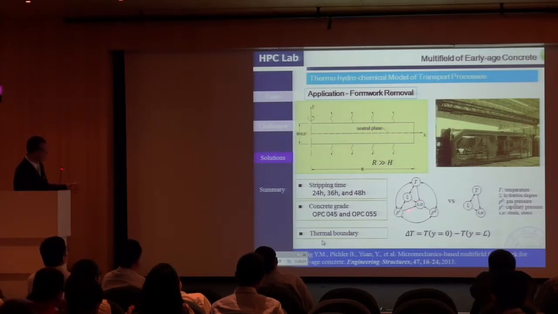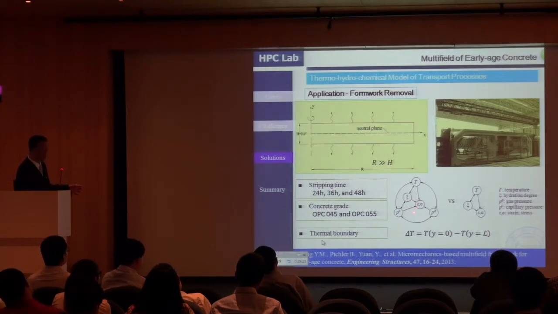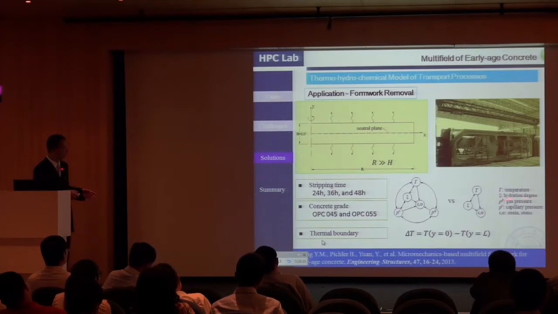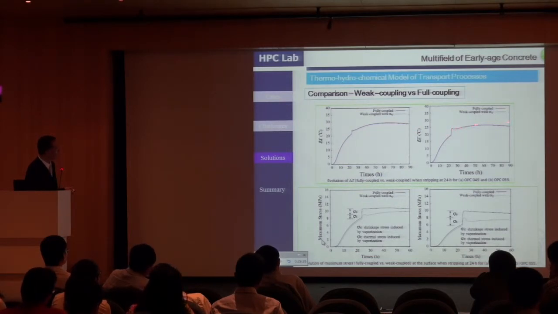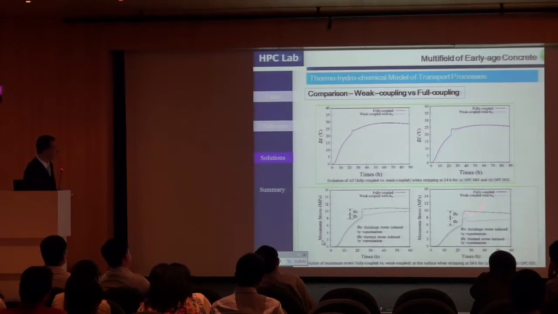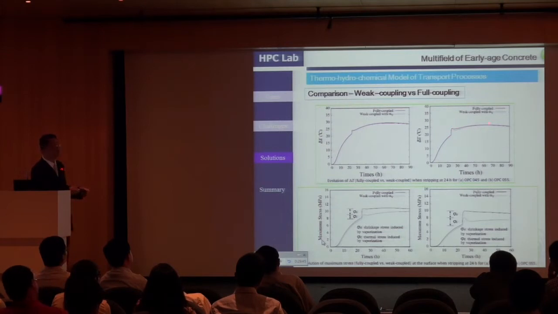We can also compare the full coupling model with the previous weak coupling model. We will find that there are some differences. The red line is the full coupling for the temperature differentiation, and the purple line is for the weak coupling.